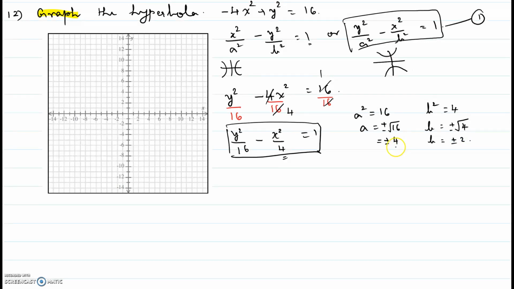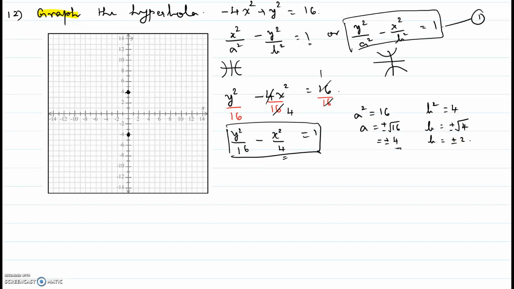So we take the number under y square, which is 16, so a is 4, and mark 4 and negative 4 on the y-axis. On the x-axis, because b square occurs right below x square, plus or minus 2 go on the x-axis.